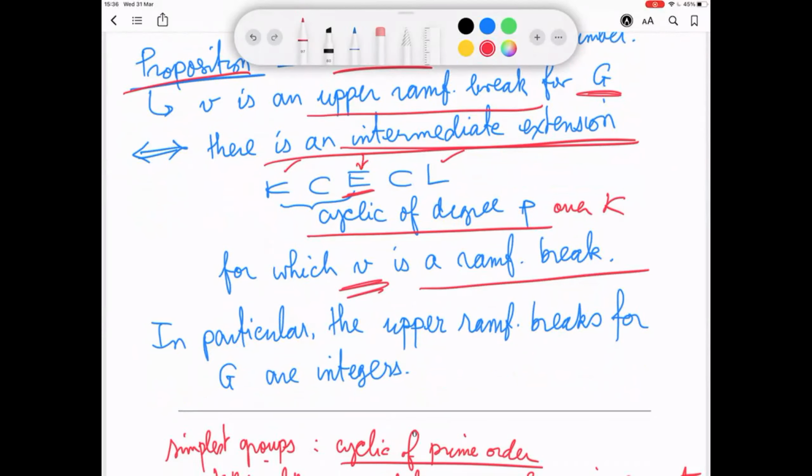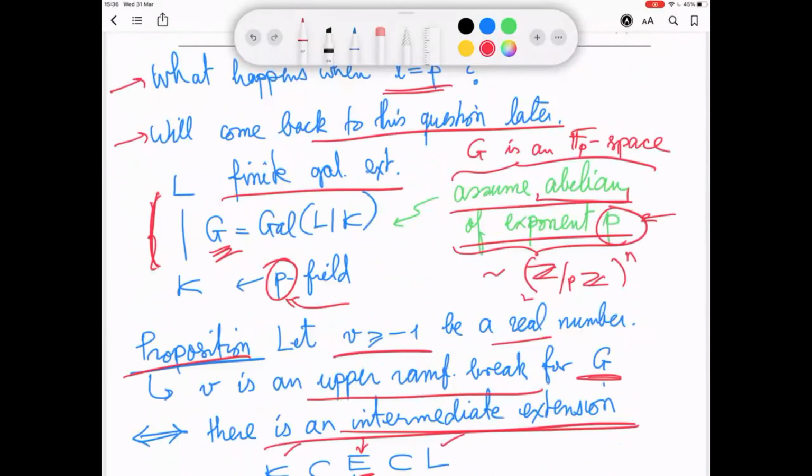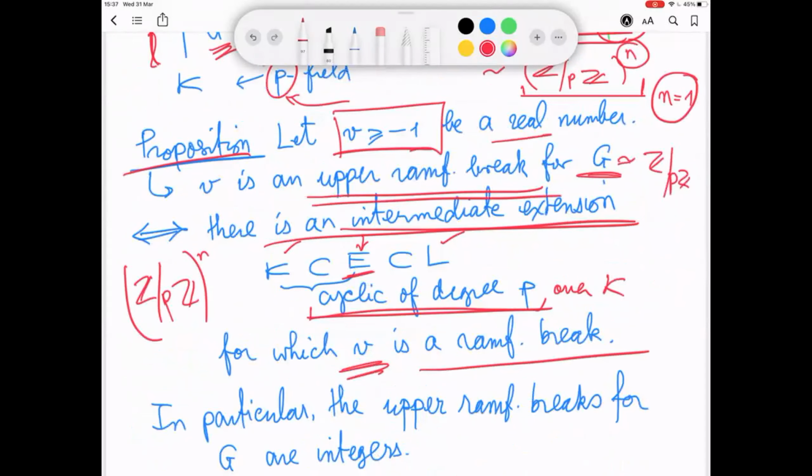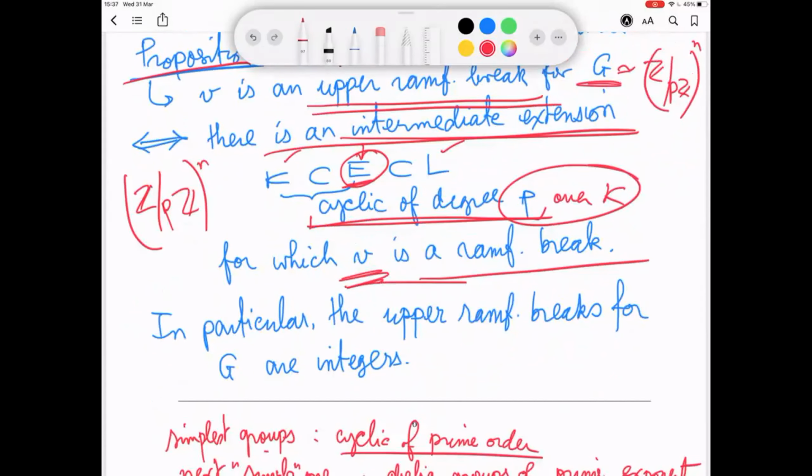Basically, what this proposition says is that if you want to understand upper ramification breaks for groups which are isomorphic to Z mod PZ to the power n, then you may restrict yourself to the case n equal to 1, that is, cyclic of degree P. So some real number V is an upper ramification break for G, isomorphic to Z mod PZ to the power n, if and only if there's an intermediate extension E, cyclic of degree P over K, for which V is an upper ramification break.